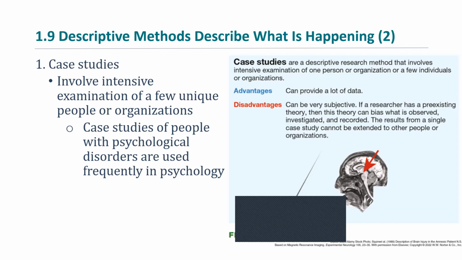This also happened to a subject named HM, one of the most studied case study subjects in psychology. HM had an operation in his late 20s because he was suffering from seizures, and they took out a piece of his hippocampus before we knew what it was for. After the surgery, he could never form a new memory.